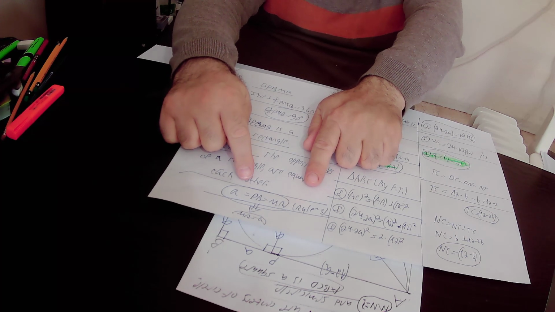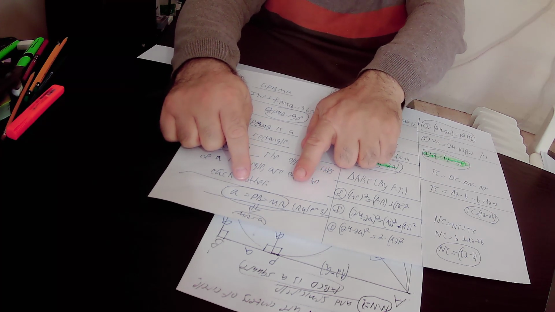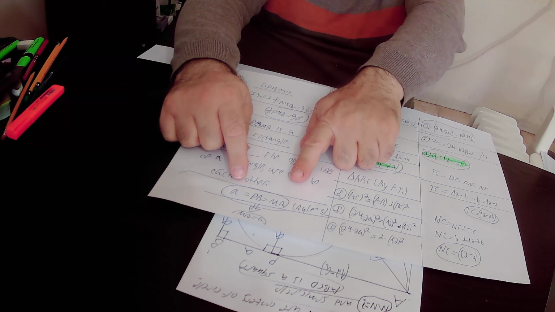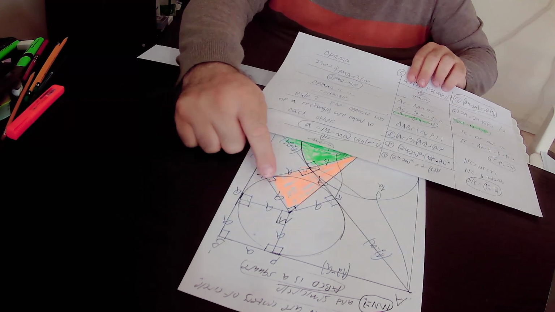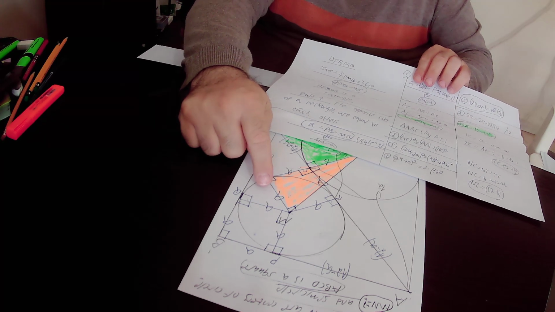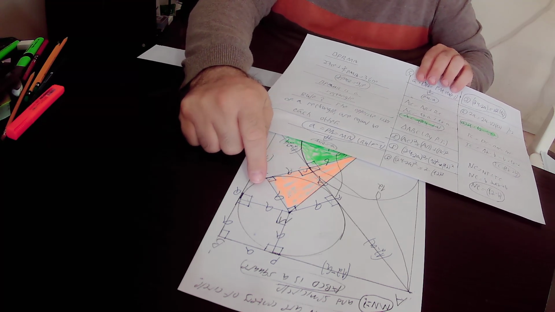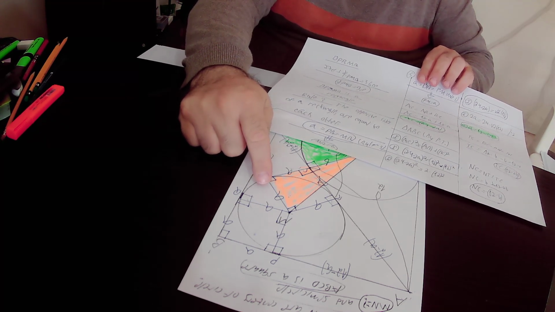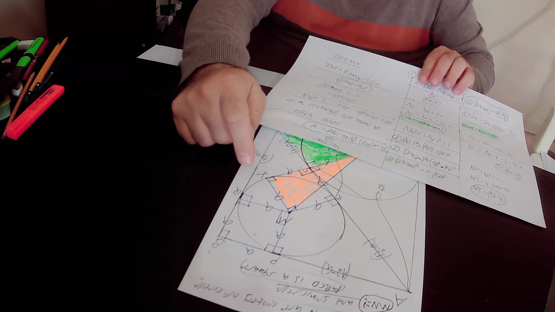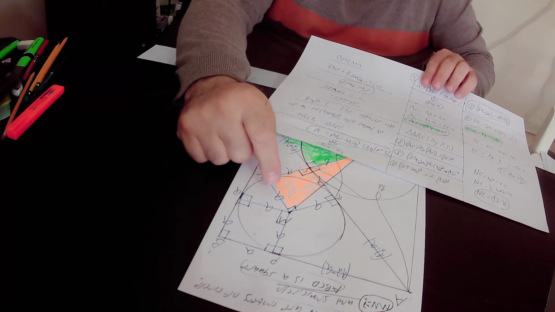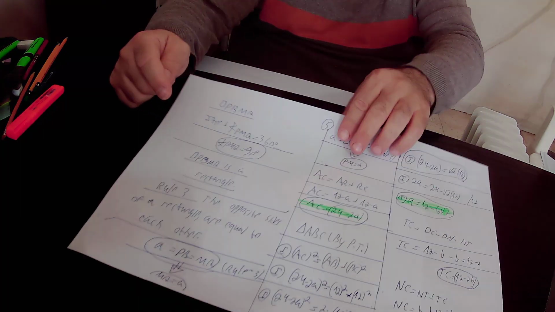But PB equals A according to our definition. So from this equation, A equals PB equals MQ, we derive that QM is also equal to A. So QM equals A, that is to say the radius of this circle is equal to A. Likewise, BQ must be equal to PM according to rule number 3.